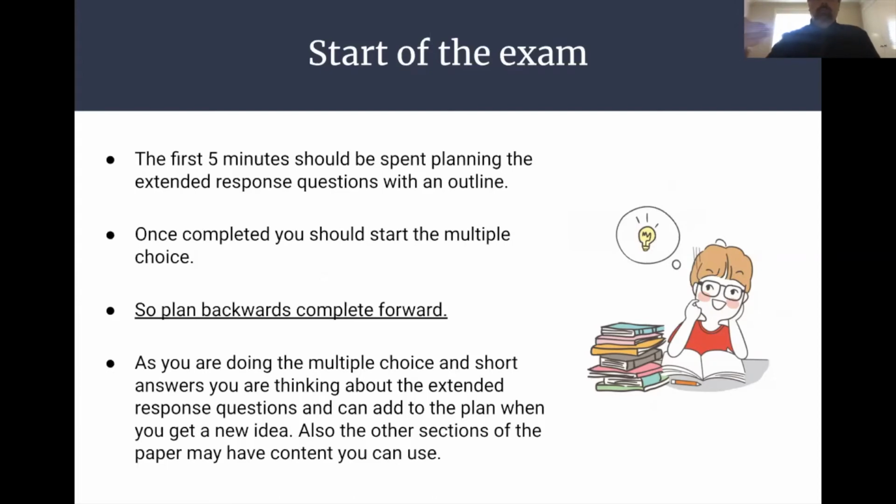So you read a multiple choice question on the current account, that information might be good. I'm going to put that, that's triggered a point that I write in my planning booklet. So the idea is look at the multiple choice questions, or answer them, sorry, in order, but you've got a mind to the longer responses.